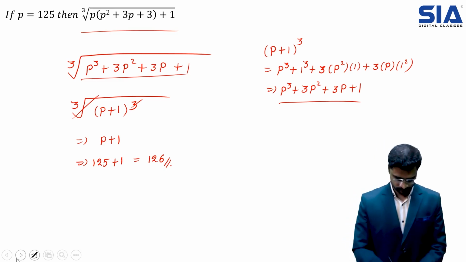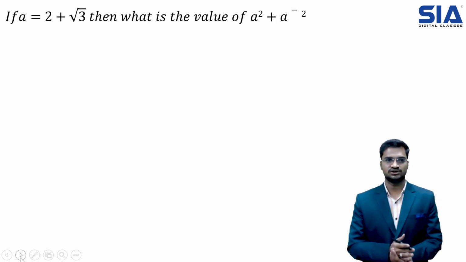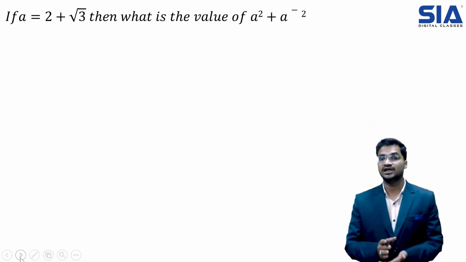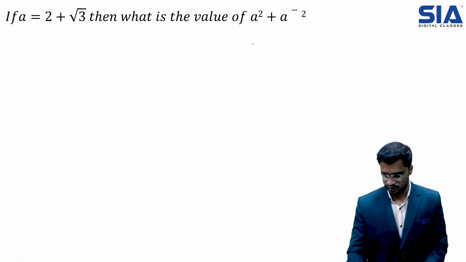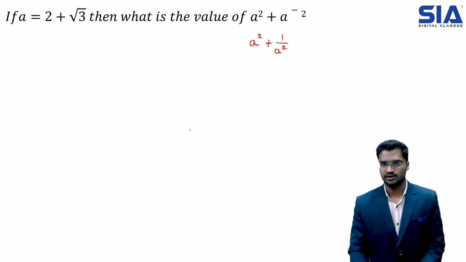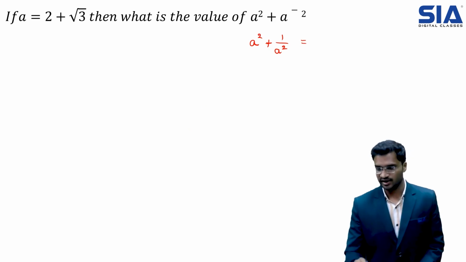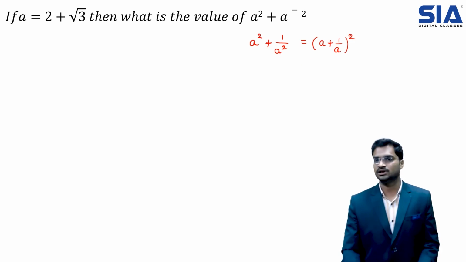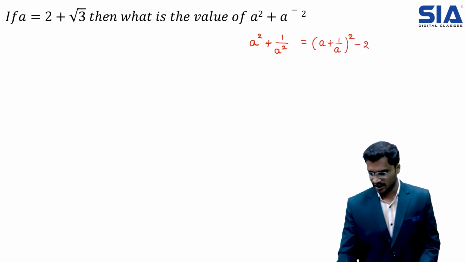Okay. Our next question says if a is equal to 2 plus root 3, then we have to find the value of a square plus a to the power of minus 2. So a square can be written as this and a to the power of minus 2 can be written as 1 by a square. Now if I want to find the value of a square plus 1 by a square, I have to first find the value of (a plus 1 by a) whole square, then subtract 2 times a into 1 by a.